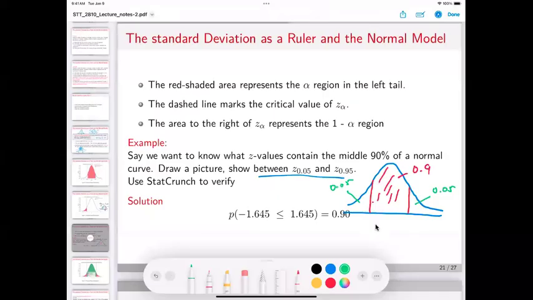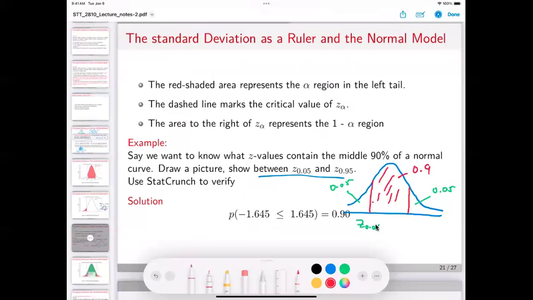Because we know the total area is what? 1. If the total area is 1 and here is 0.9, and then this is divided into 2, here will be 0.05, here also be 0.05. Is that okay?